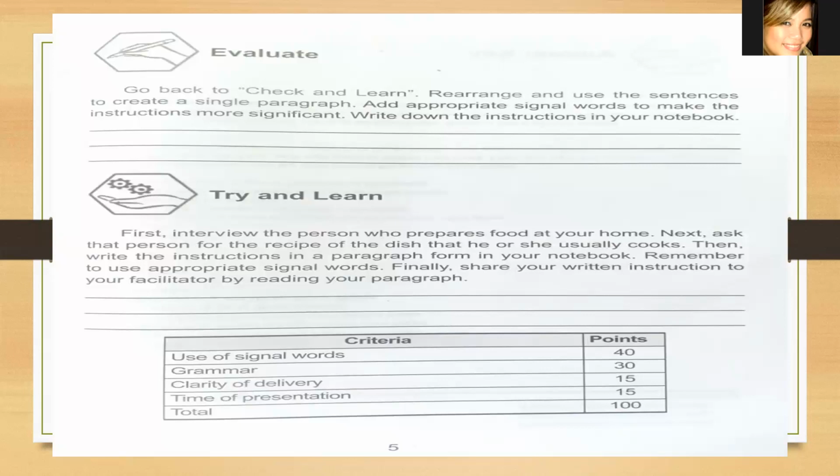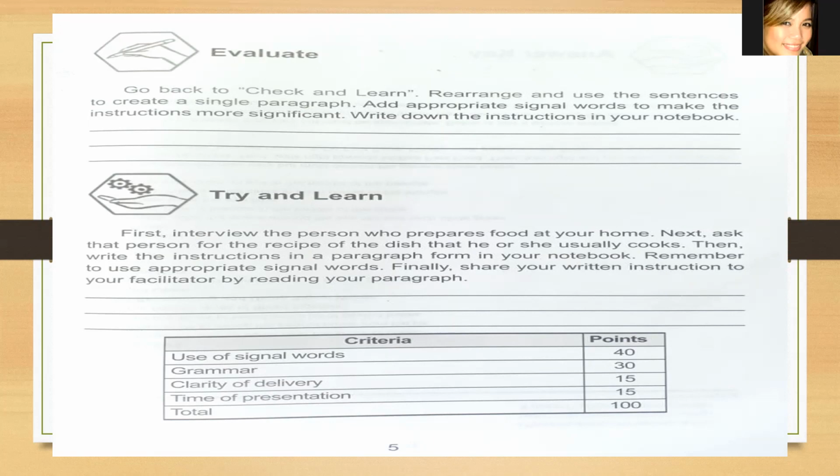So, meaning, katong check and learn nato kaganina, nga naa sa page, you go back to page, before ang page 1, katong making of peanut butter sandwich, inyo to siyang himuon og paragraph. Okay, using signal words. Okay, so nagamit naman to na to siya. Ang yun na lang buhaton, isulat to siya og in a form of paragraph. Okay?